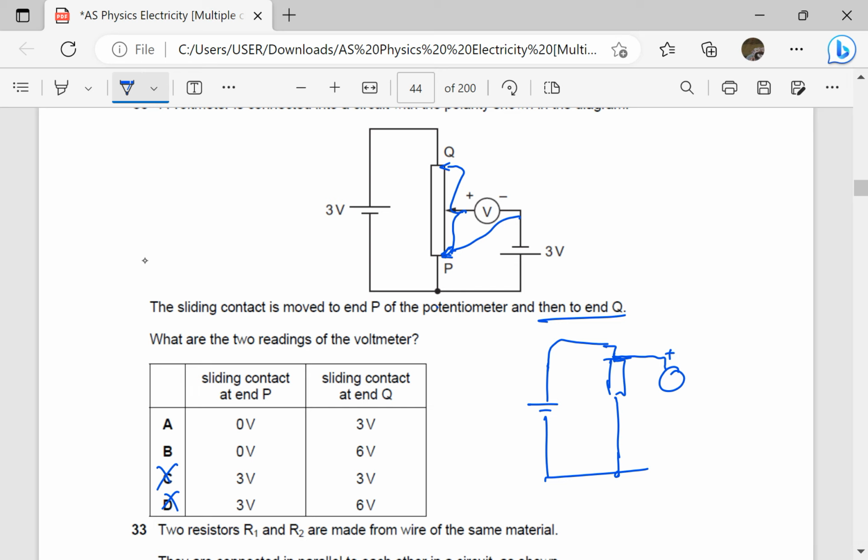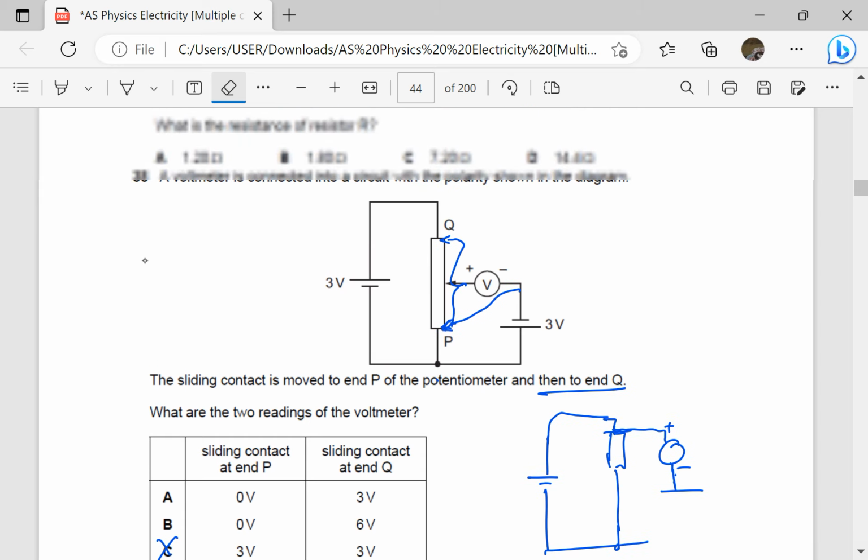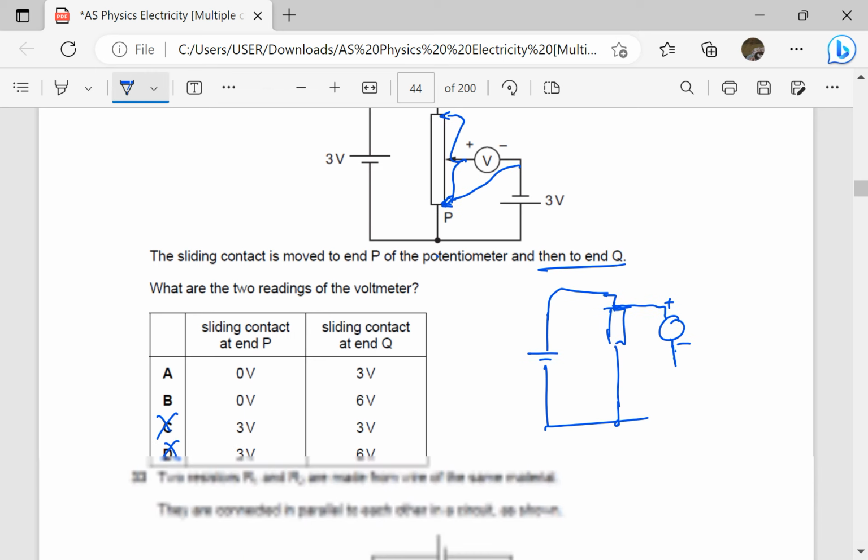Remember, this is positive, then this is negative, and this is going to be 3 volts. So here we have 3 volts, and here we have 3 volts. So what will be the reading of this voltmeter here? It is supposed to give us the PD, the potential difference.